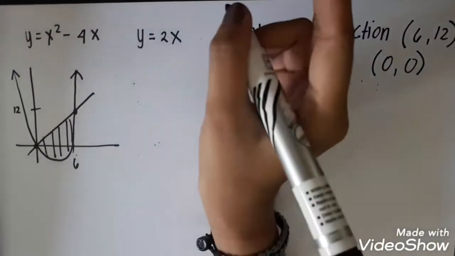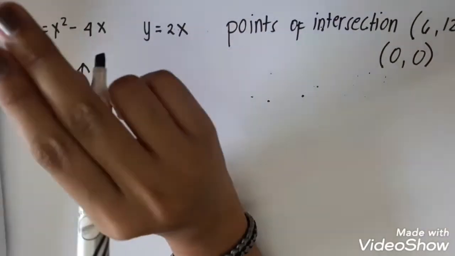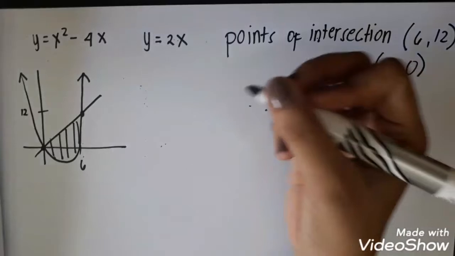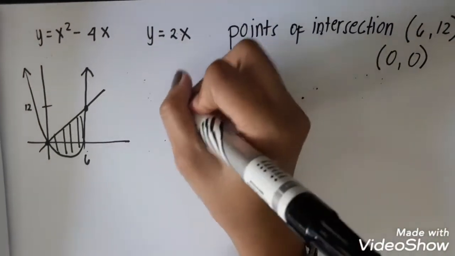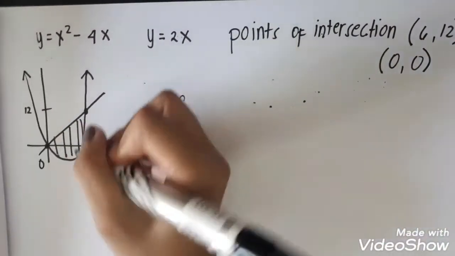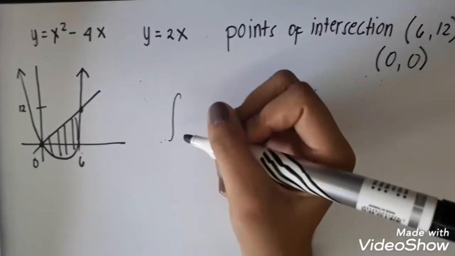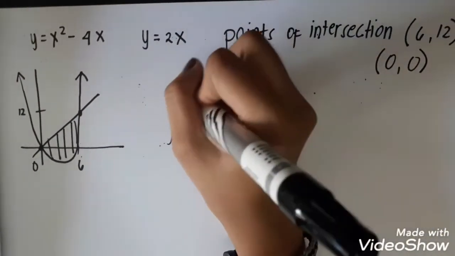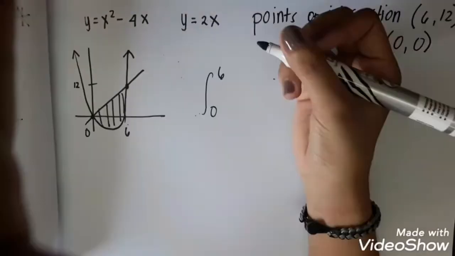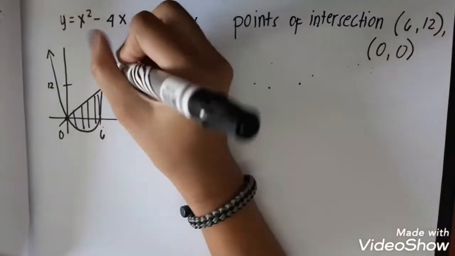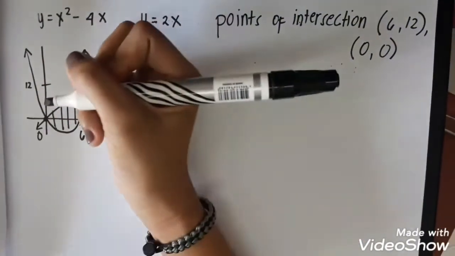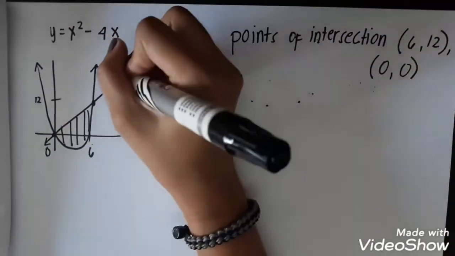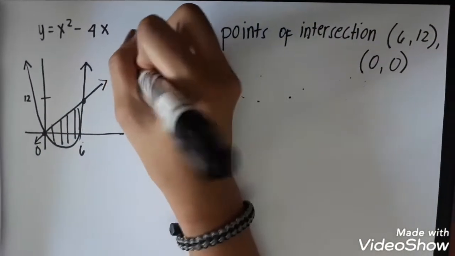So we take the smallest x coordinate to the largest x coordinate for integration. So integration of, this is 0 and this is 6. So integration from 0 to 6. So you take the line on top, which is y is equals to 2x.